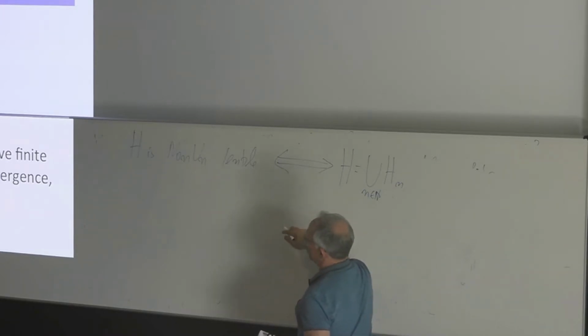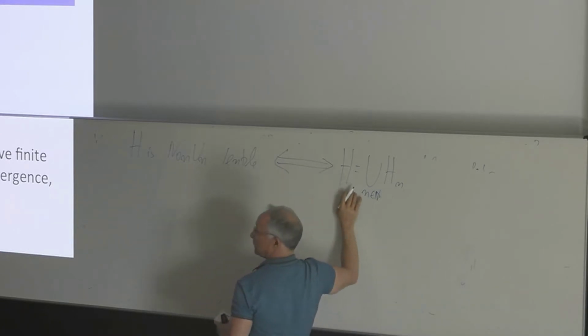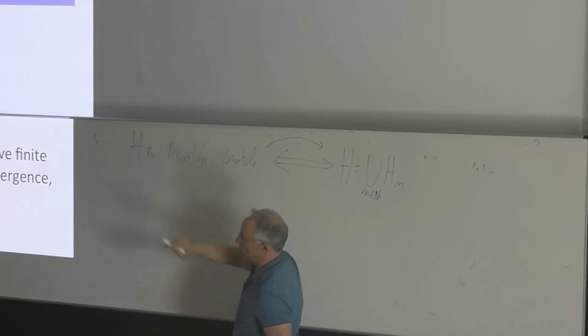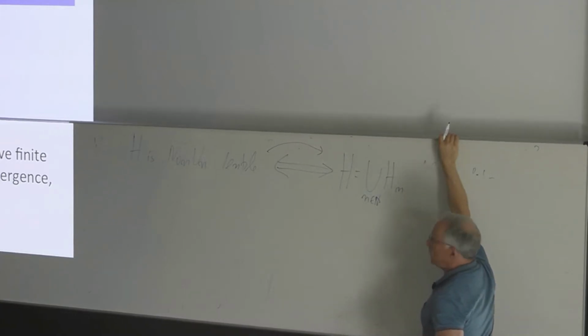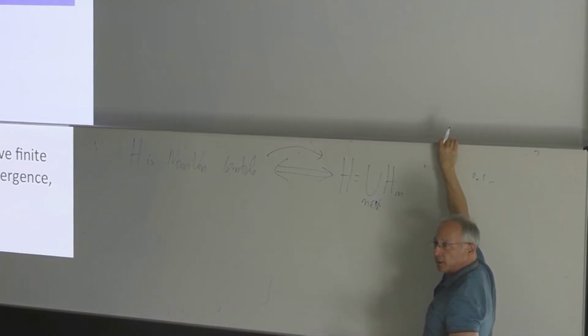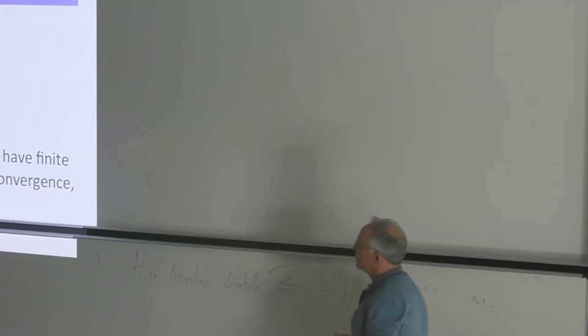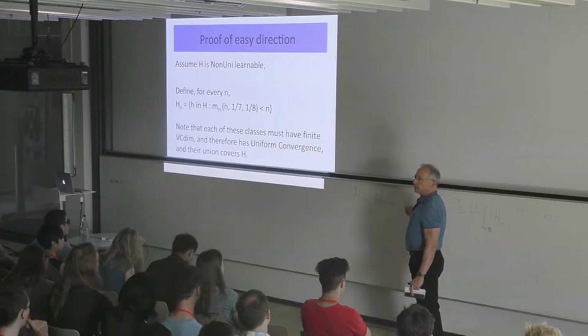So I want to prove this characterization. Now, the easy case is to show that if it is learnable, then I can decompose it like this. This is the direction that this slide argues: if it is non-uniformly learnable, then I can get such a decomposition. And the idea is, I have a class, and all I know is that it is non-uniformly learnable.